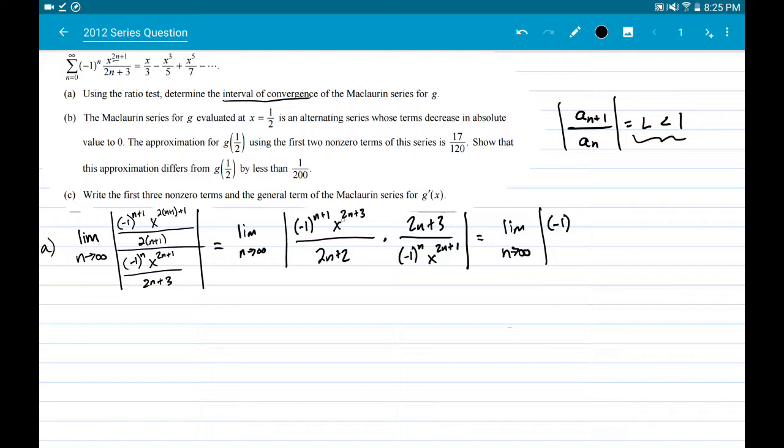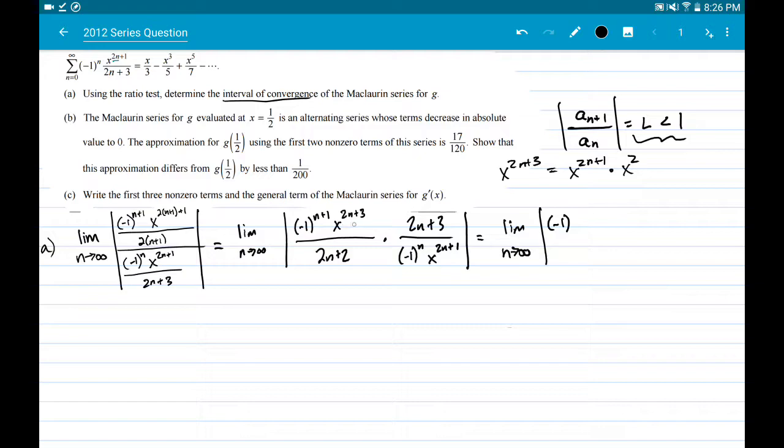A little bit trickier here: x to the 2n plus 3 over x to the 2n plus 1. 2n plus 3 has two more x's than this. You can think of this as x to the 2n plus 1 times x squared. When you multiply, you add the exponents, and these are equivalent.